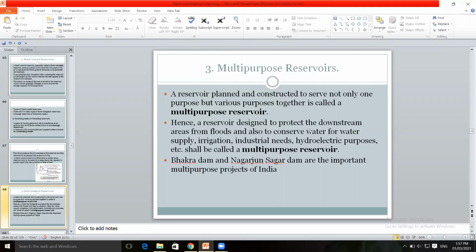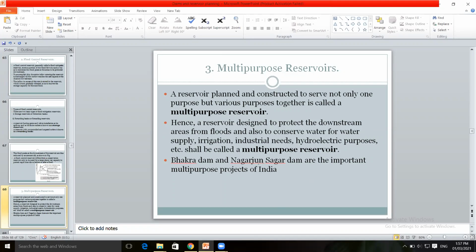So we have seen the different types of dams, depending upon purpose and material used. In India, some important multi-purpose projects have been completed.